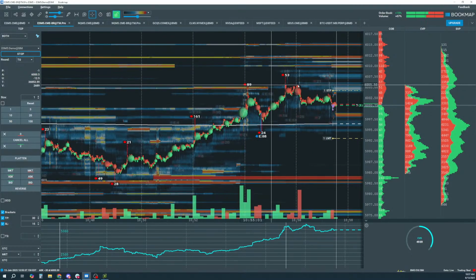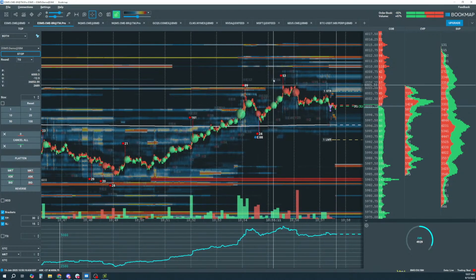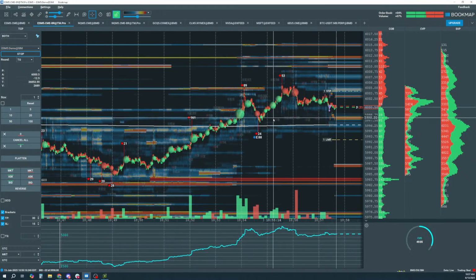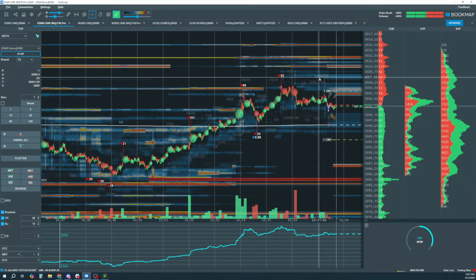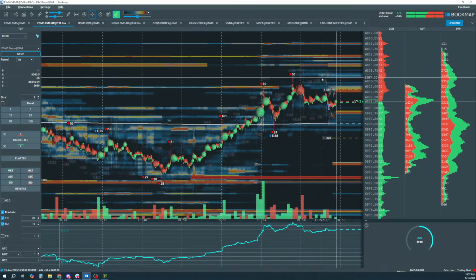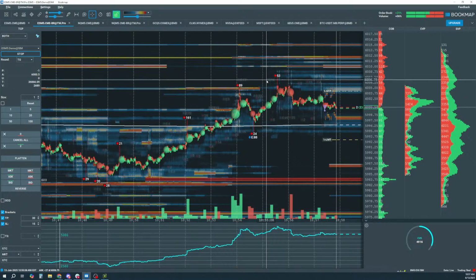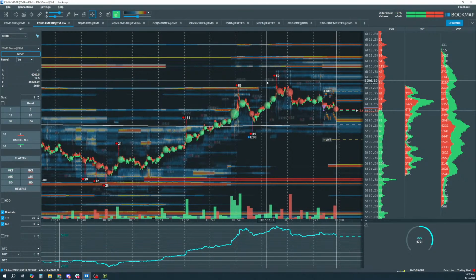We don't see those passive participants, so we're just trading price action at this point. It's order flow, but we're looking for some sloshing around in here, if that makes sense.